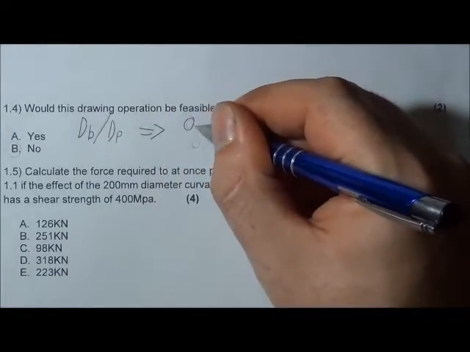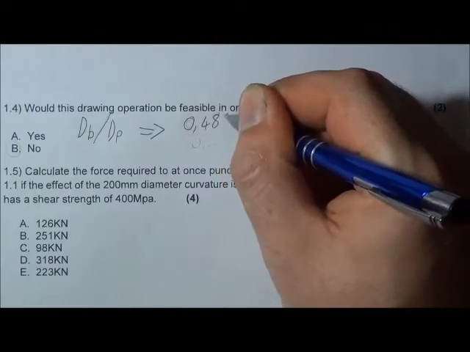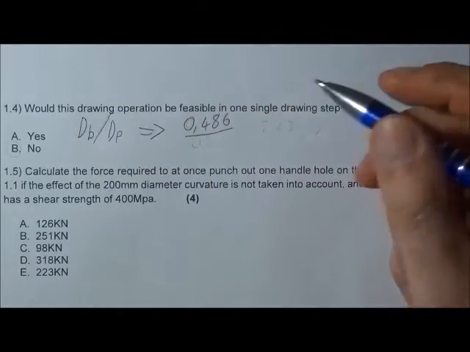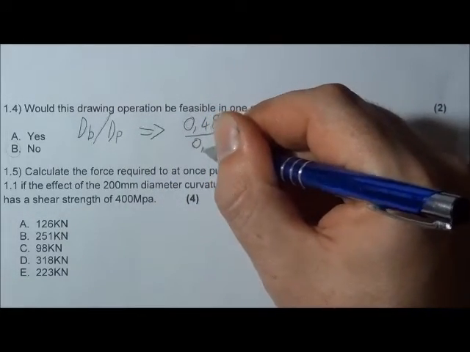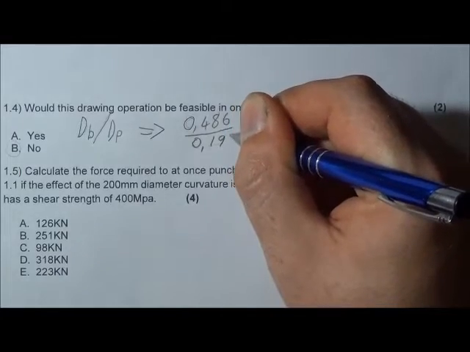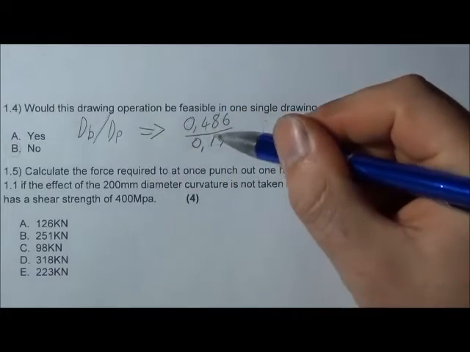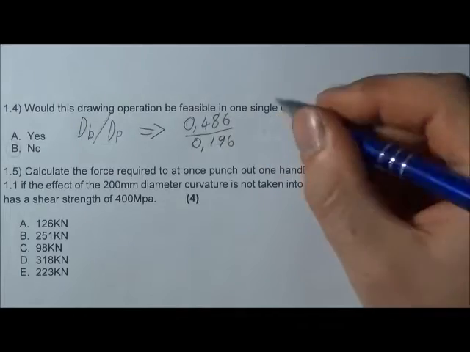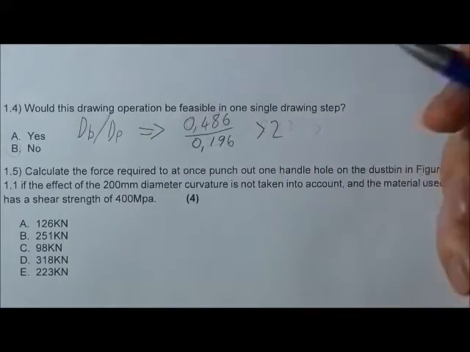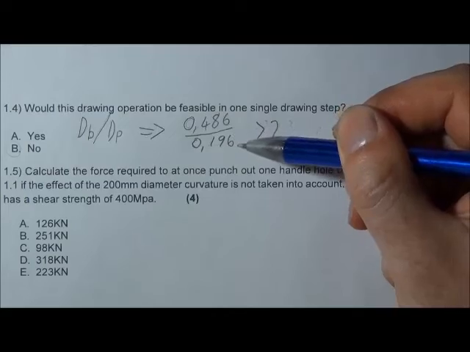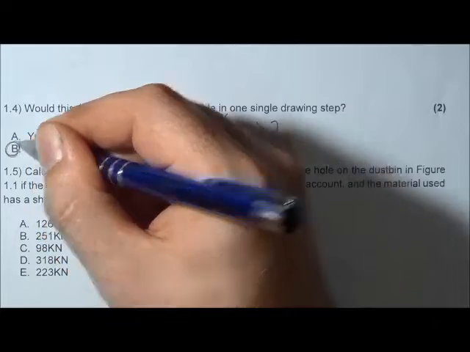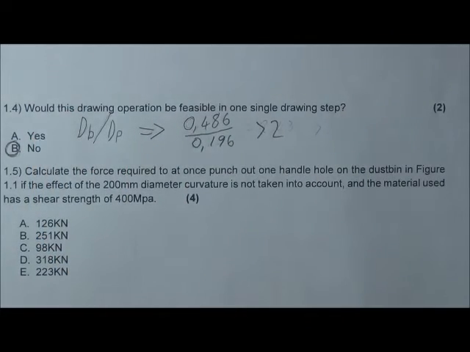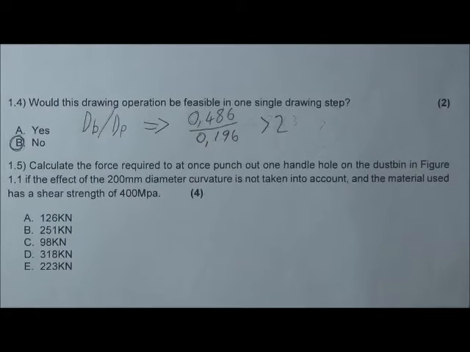So this is 0.486 and the punch diameter was 0.196, and this answer would be bigger than 2. 0.486 is more than twice 0.196. So that means this drawing operation would not be feasible in a single drawing step. It can be done in more than one step.